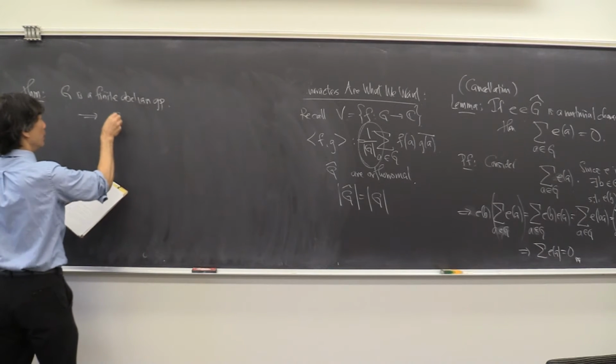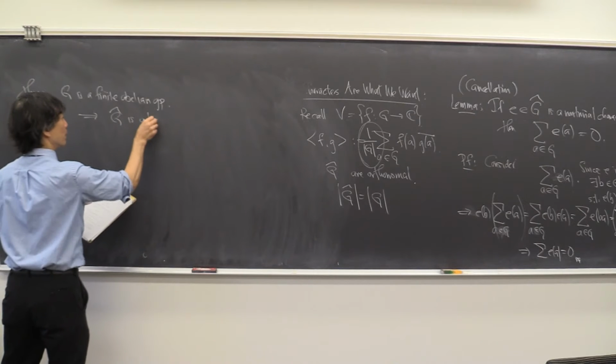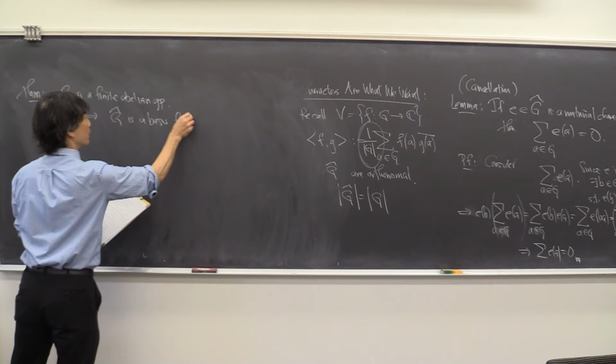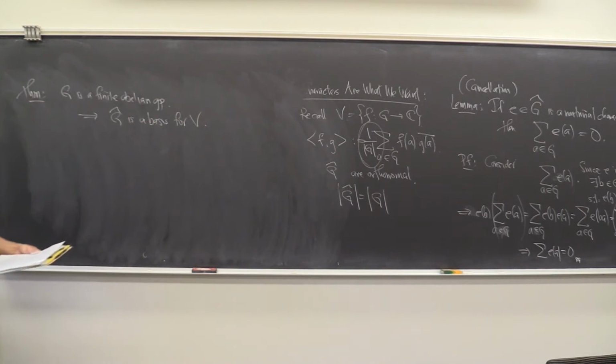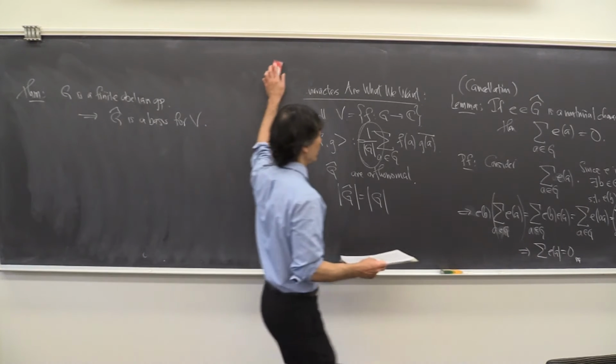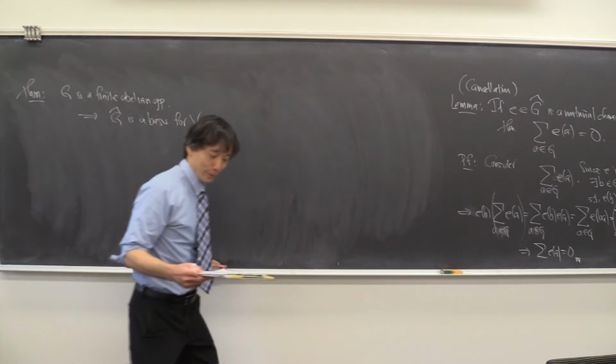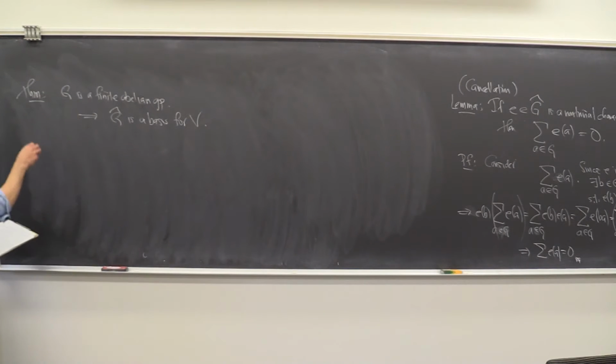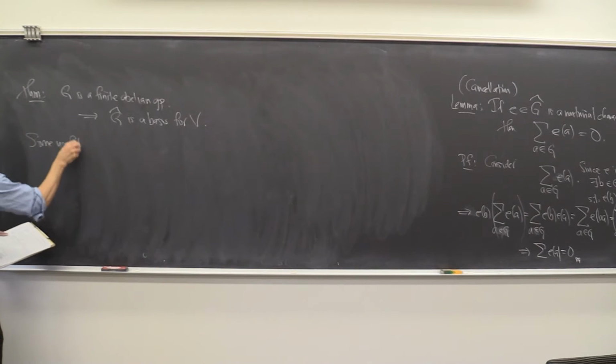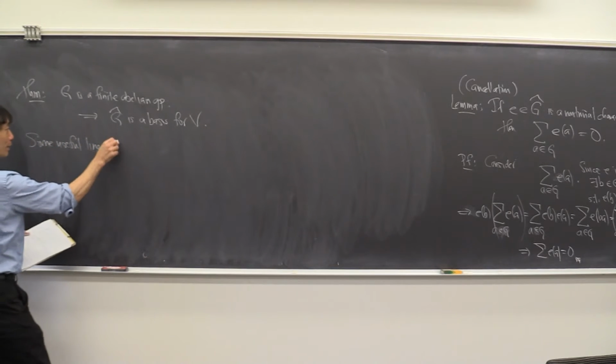Then G hat is a basis for V. And the way we're going to do it is going to involve some linear algebra. This is going to be kind of fun. Some useful linear algebra.